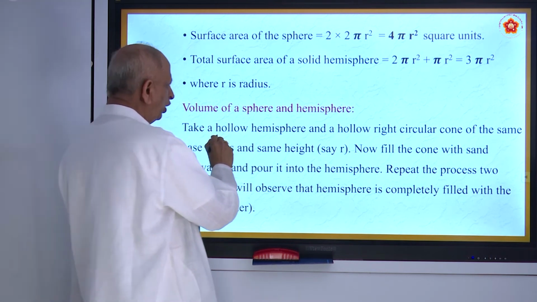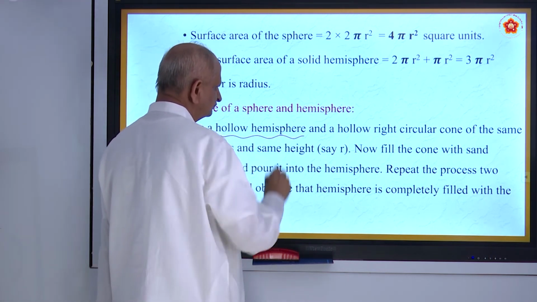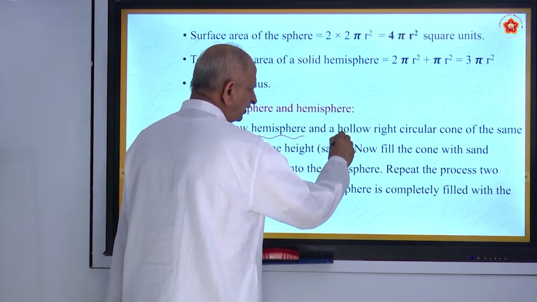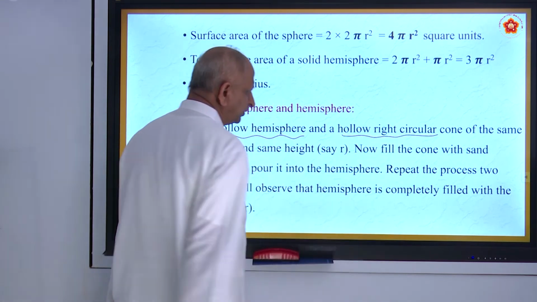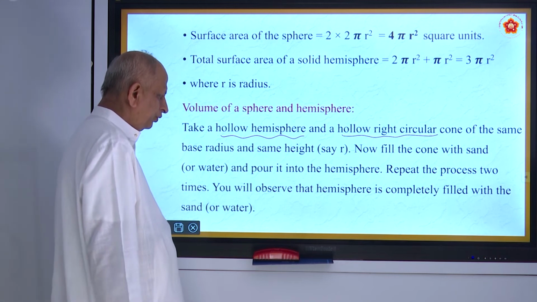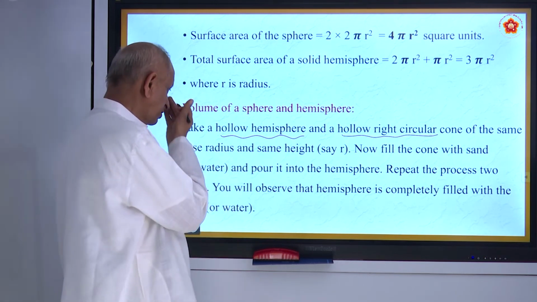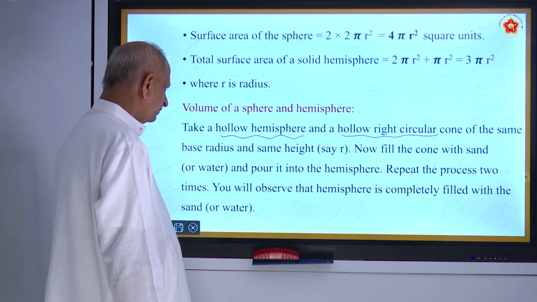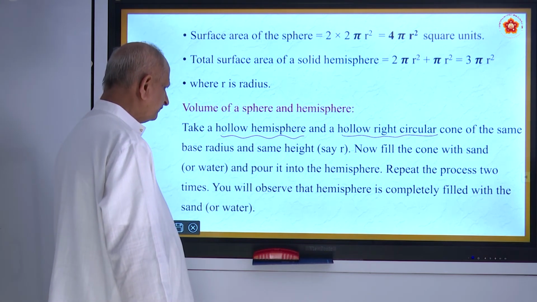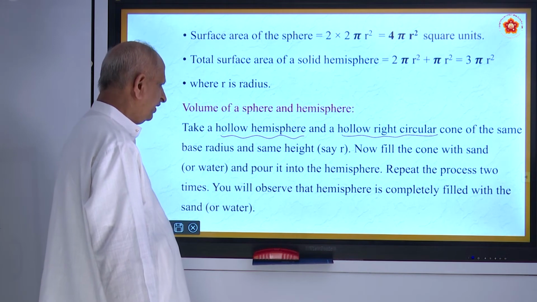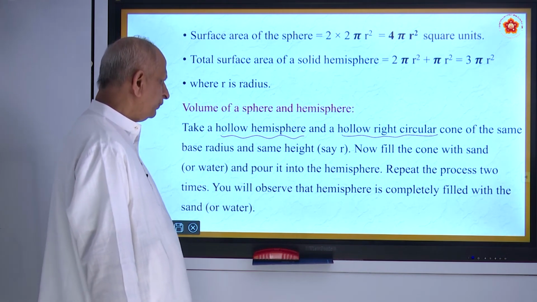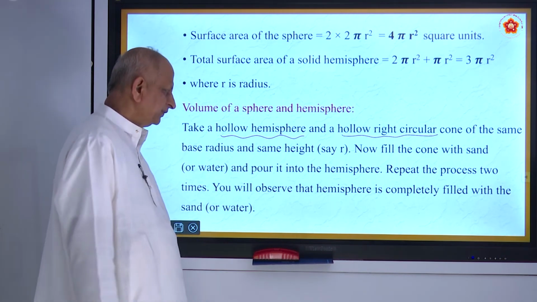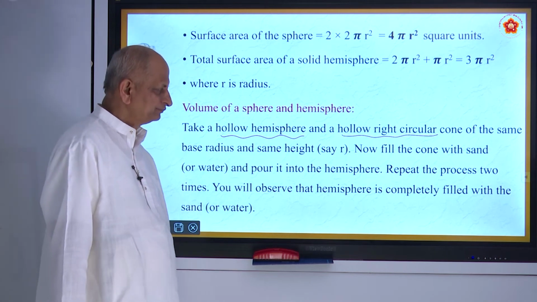So take a hollow hemisphere and a hollow right circular cone. You must take a hemisphere and a cone of the same base and radius, same radius and same height, say R. Now fill the cone with sand or water and pour it into the hemisphere.